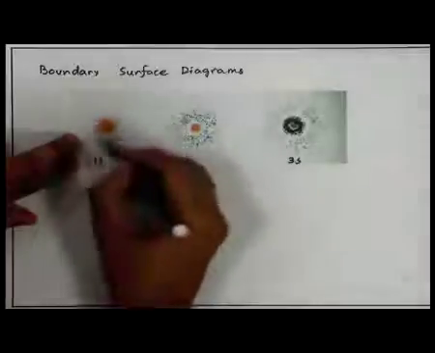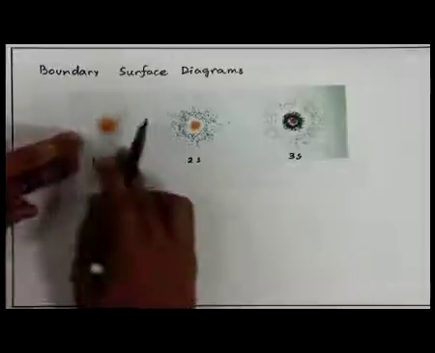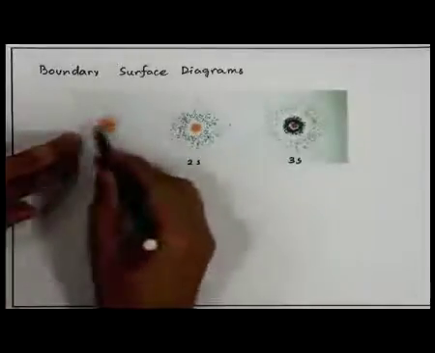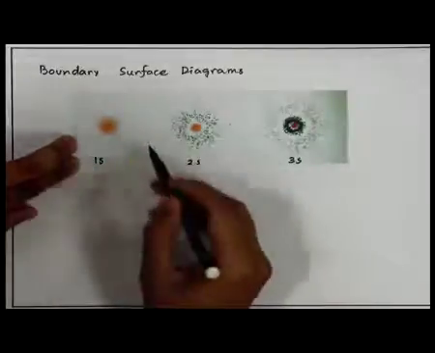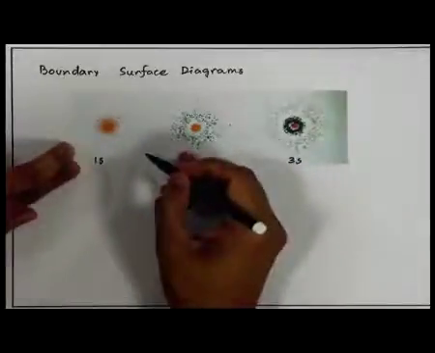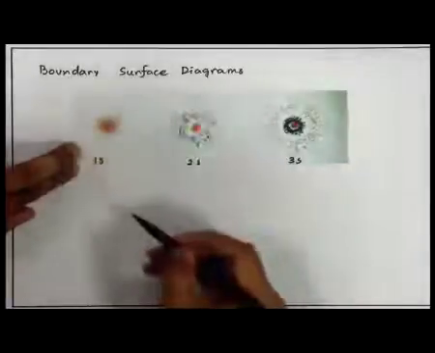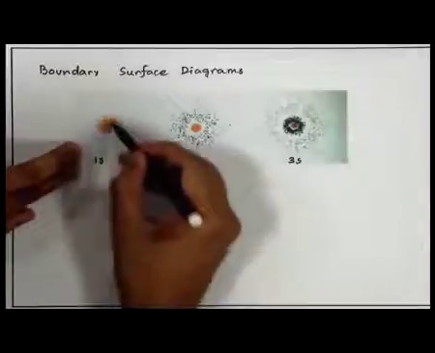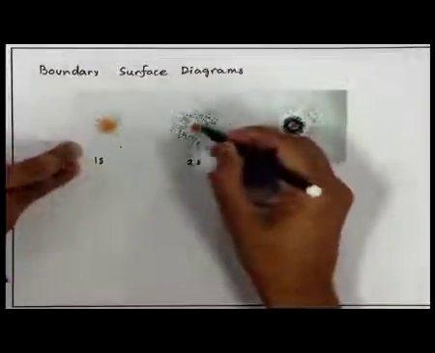In 1s you see a single sphere, but you cannot actually identify the sphere within which all possible locations of the electron are denoted, because here I have a dot, here I have another dot, but most of the dots are concentrated in this place.